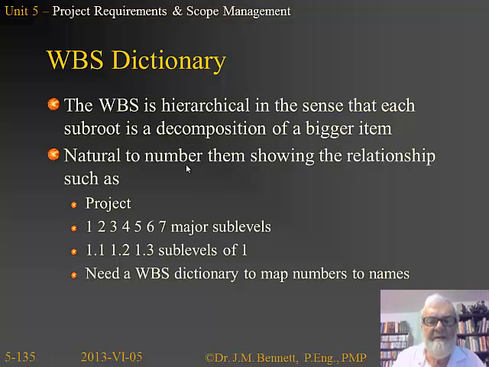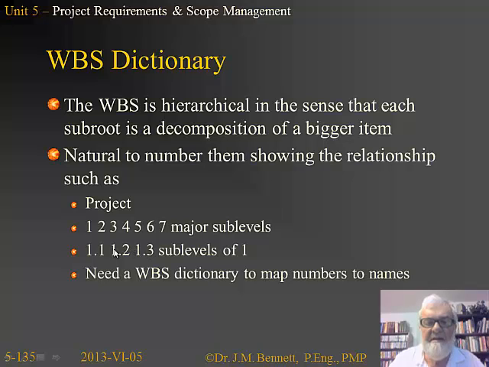So a natural way to do this is basically to define the project itself as being at level 0, and then level 1, level 2, level 3 to be major sublevels in the hierarchy. So for example, 1.1 and 1.2 and 1.3 would be 3 WBSCs at level 1 of the hierarchy.